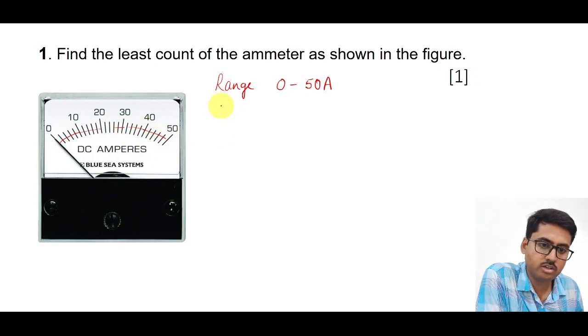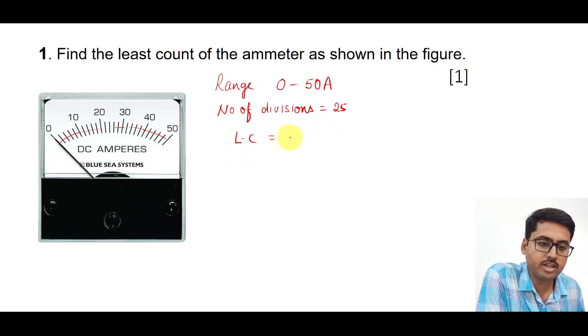So the number of divisions is equal to 25. To find the least count, it is the maximum range divided by the number of divisions. You can remember this formula.